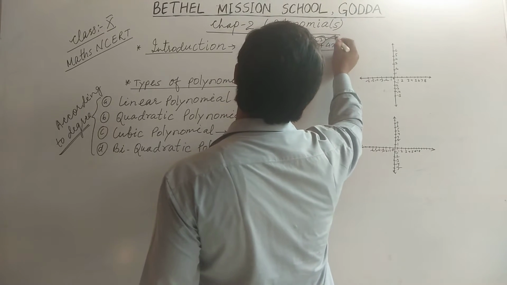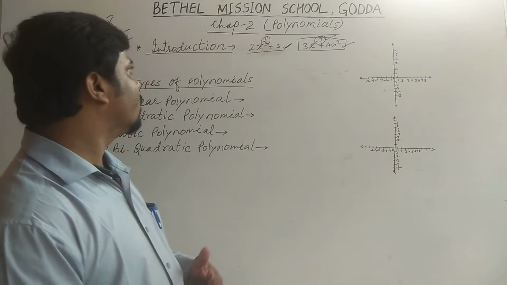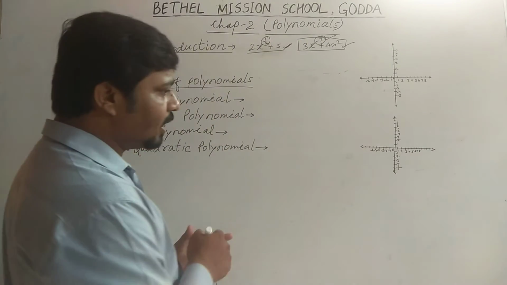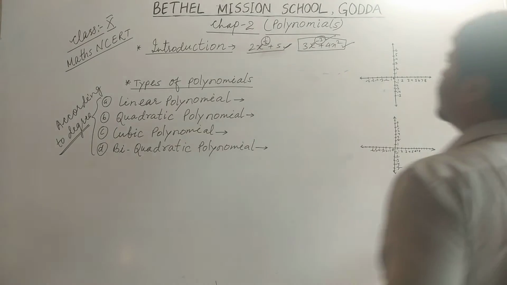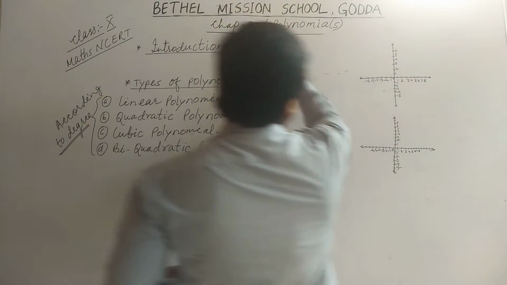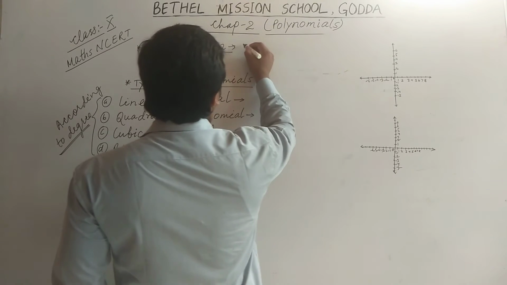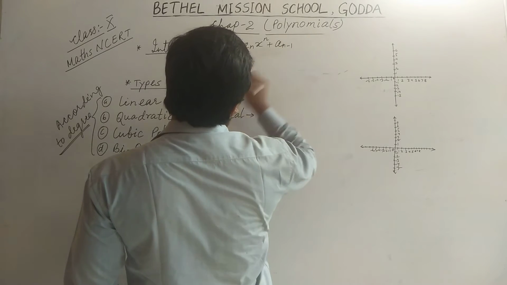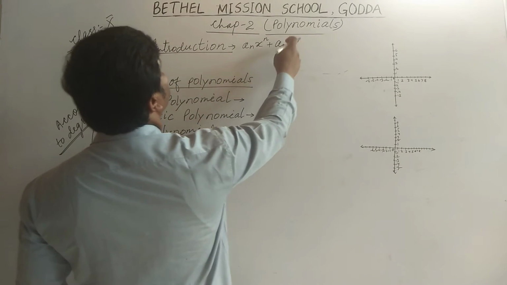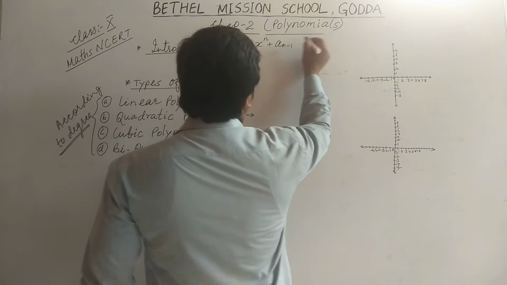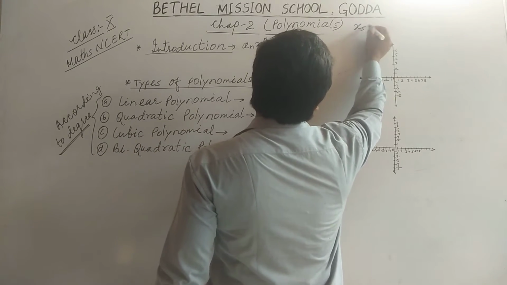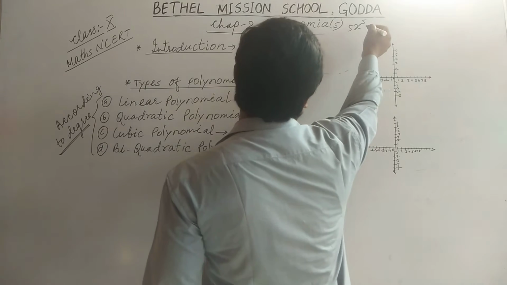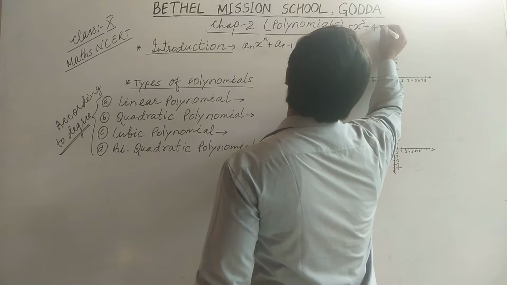Polynomial means the power should not be negative and should not be a fraction. So what should be the form of a polynomial? The form of a polynomial will be a_n x^n + a_(n-1) x^(n-1), where n-1 means the power just before n. Suppose 5x^5 + 4x^4.